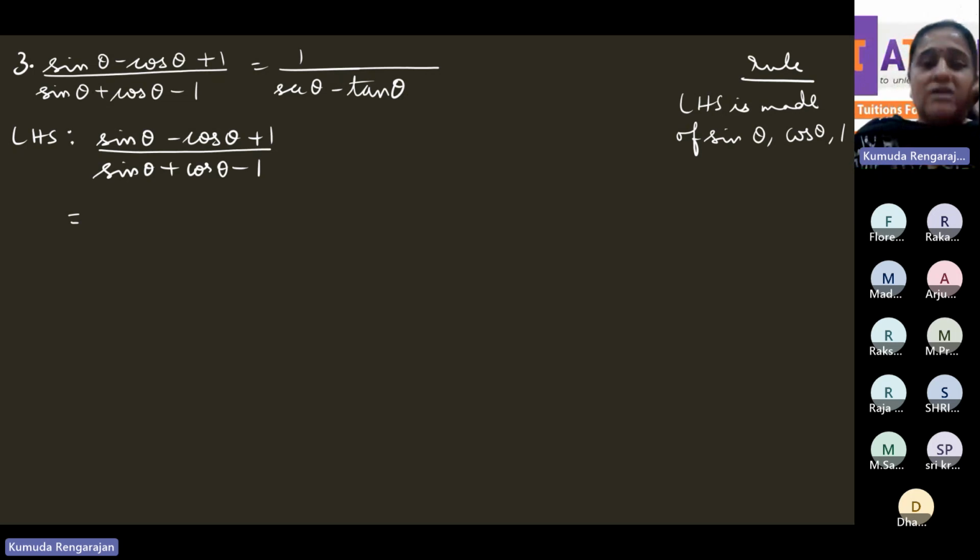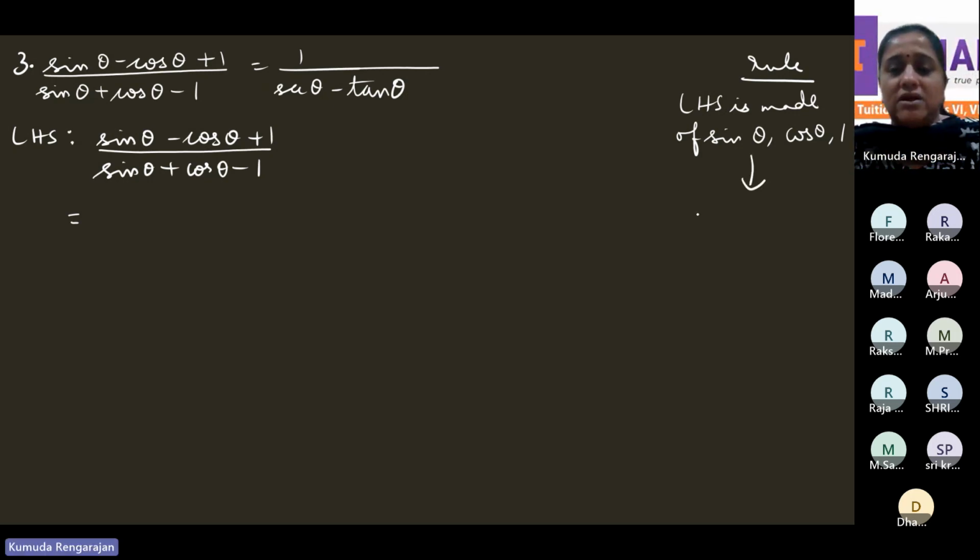The expression in the left-hand side is made up of sine theta, cos theta, and 1. There's nothing apart from this. If it is like this, then the next step is to divide both the numerator and the denominator by sine theta or cos theta.